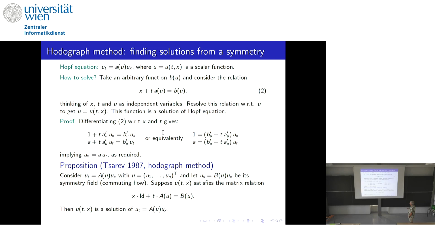I try to use the same letters, so you may see the similarity between the two equations. Then u is a solution of our initial system. And the proof is virtually the proof which I have given here. There is some matrix manipulation in the proof, but otherwise it is the same.